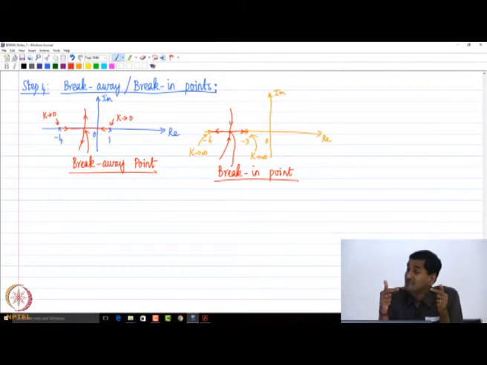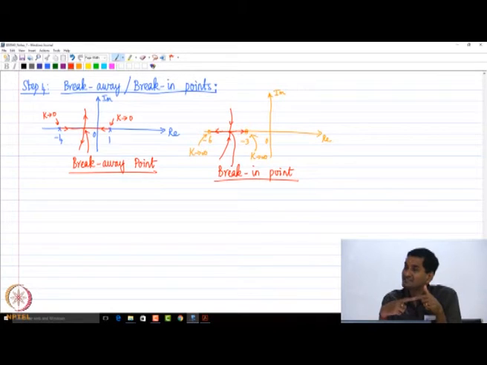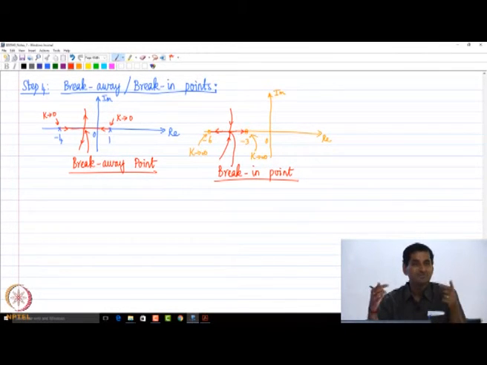So let's say one branch starts from -4, another branch starts from +1, and they come and intersect each other at some point on the real axis. So for that particular value of k, you are going to have a repeating pole, would you not? Because the same point in the S plane would be a root, because you have two branches coming and intersecting each other.